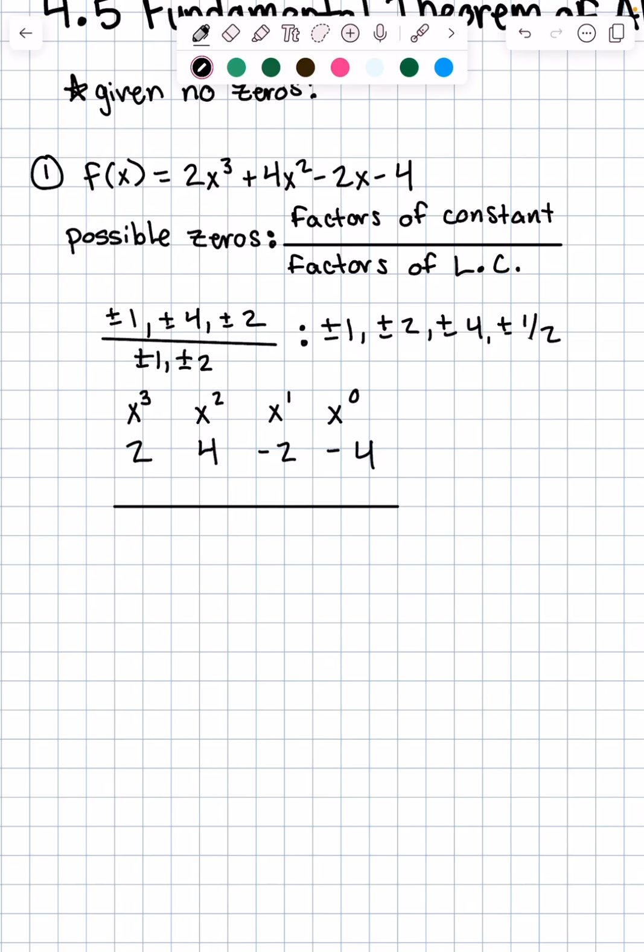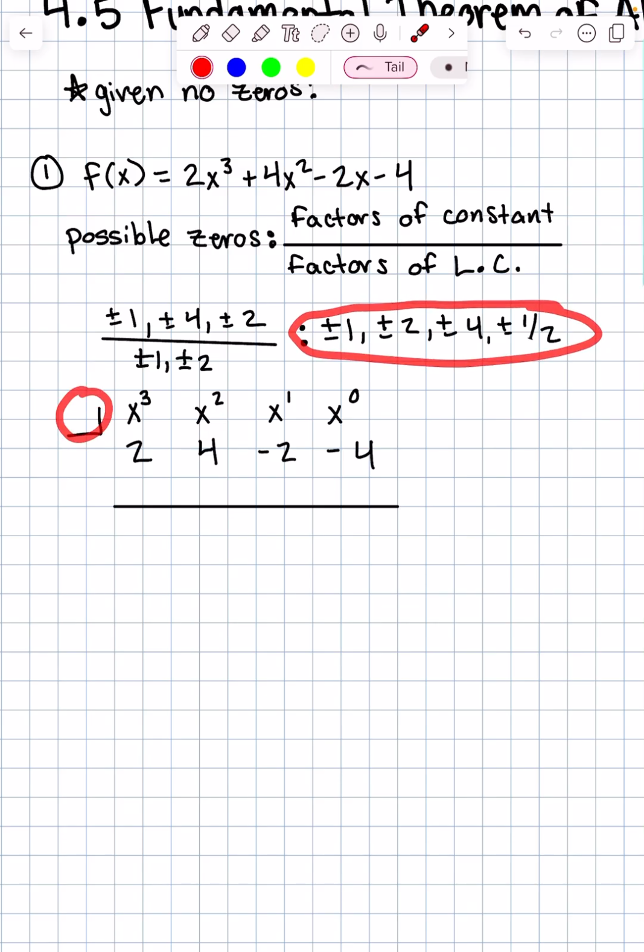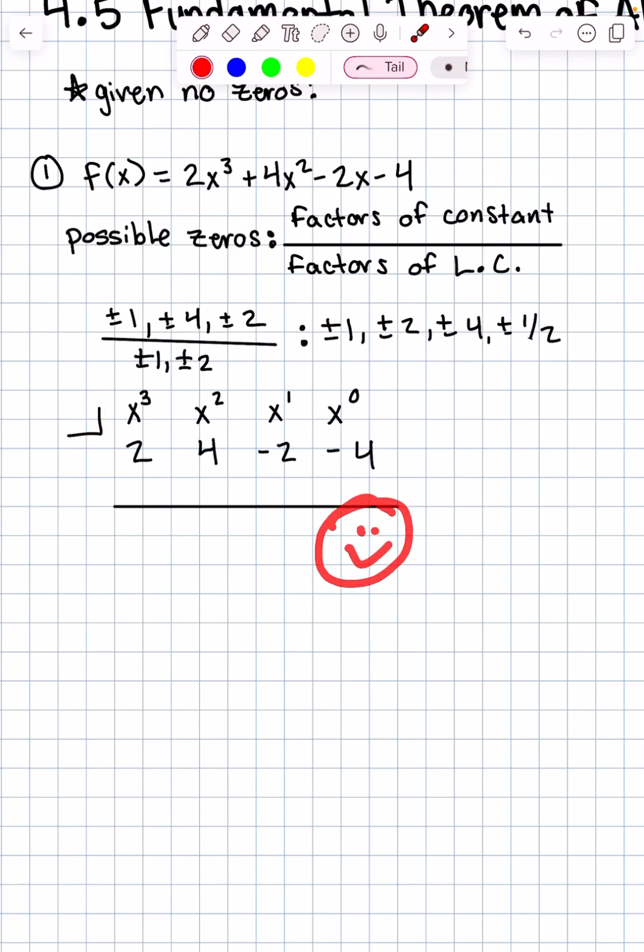Then we could literally just guess and check, plugging these numbers into this box until we get a remainder of 0. Remember, we have to get a remainder of 0 for it to be considered a zero. Another option is to use our calculator to find the zeros, and then we're just using synthetic division to show proof.